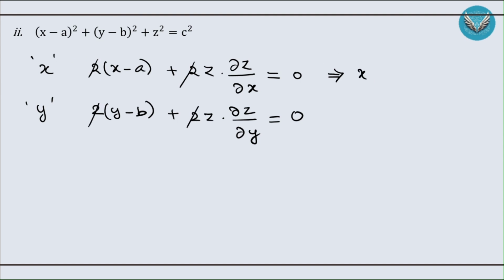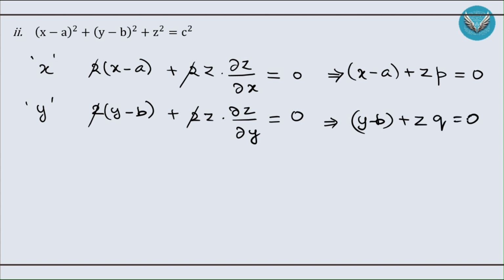So this becomes (x minus a) plus z into p using the notation. Similarly here (y minus b) plus z into q is equal to 0. So let it be equation number 1, equation number 2, and equation number 3.